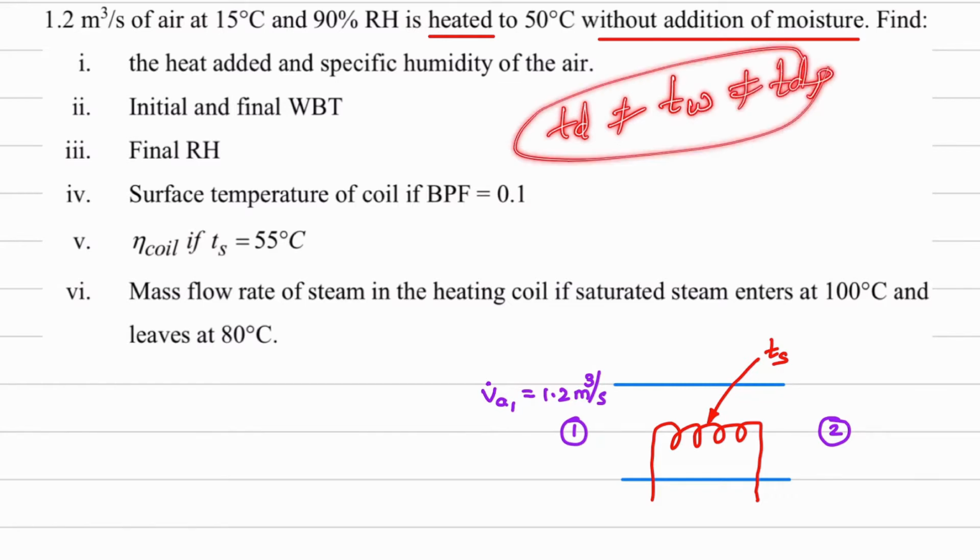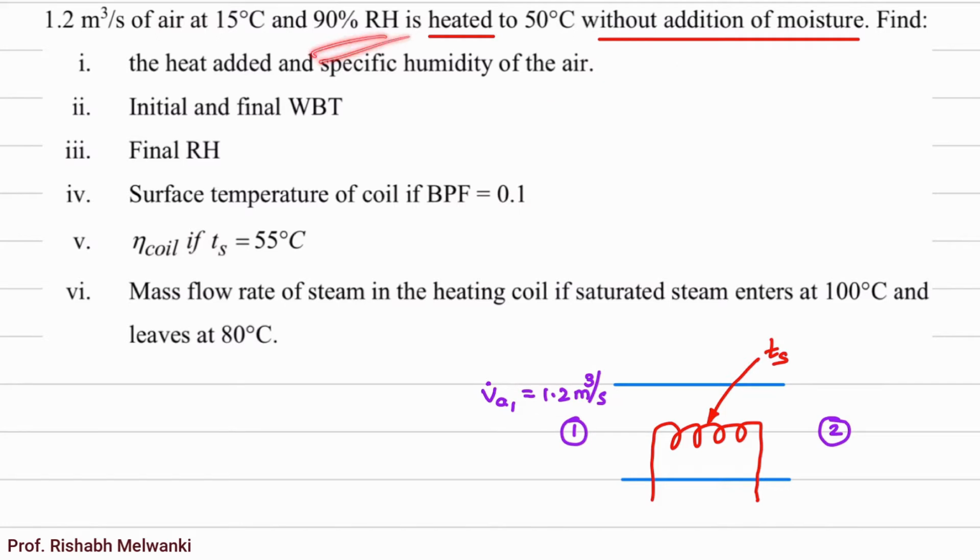All the temperatures will be different. If they don't mention anything in the question, we have to consider it as dry bulb temperature. So TD1 is 15 degrees Celsius, RH1 is 90%. So this is at the inlet of the duct.